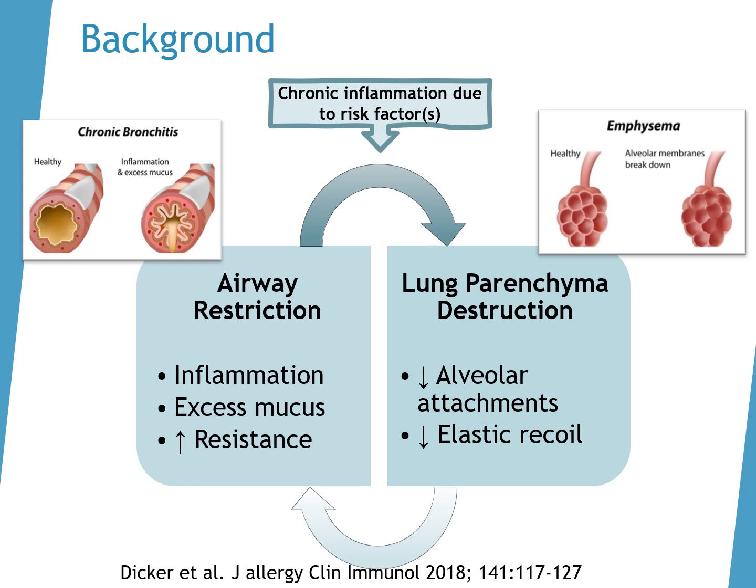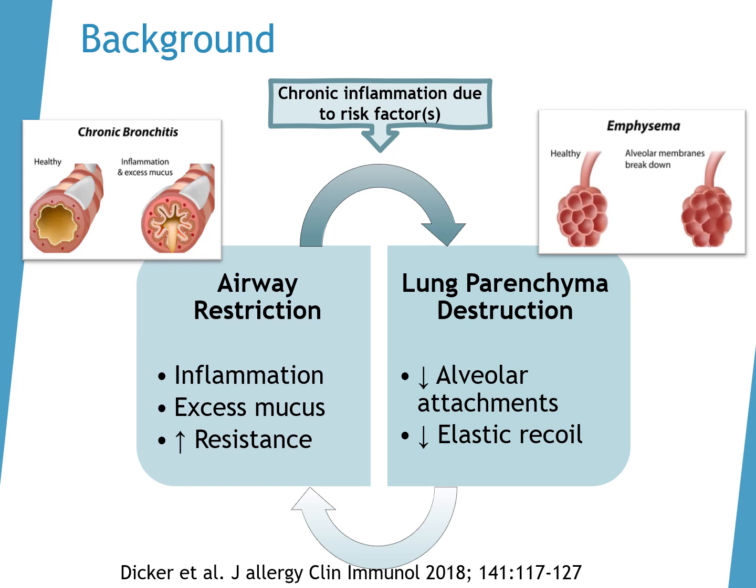This then leads to inflammation, as seen on the left box. Inflammation leads to excess mucus production, which causes airway damage and constriction of the bronchioles, thus airway restriction, also called chronic bronchitis. This is the obstruction that is referred to in the name COPD.